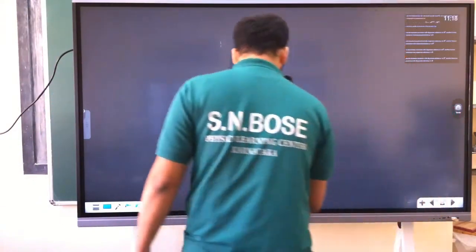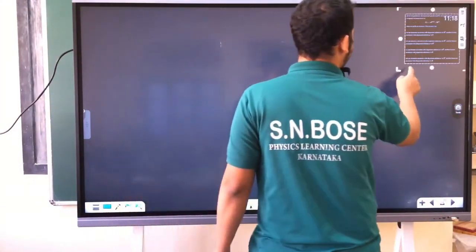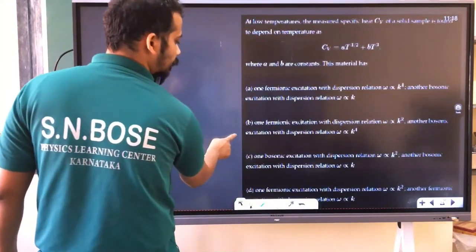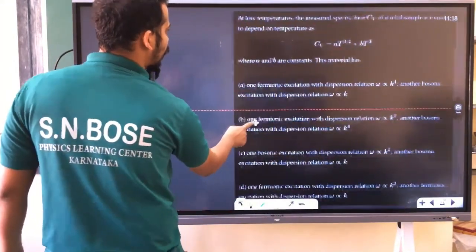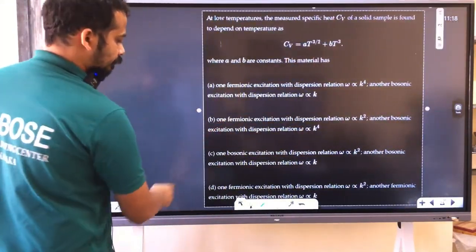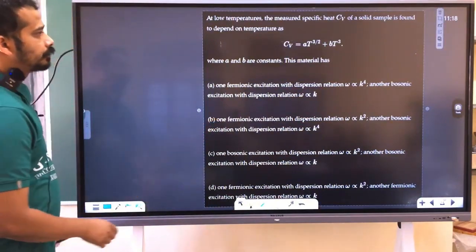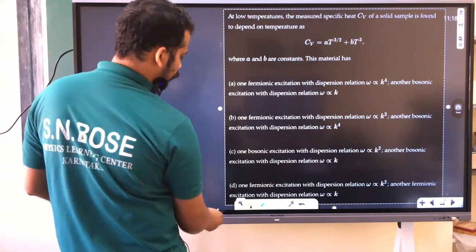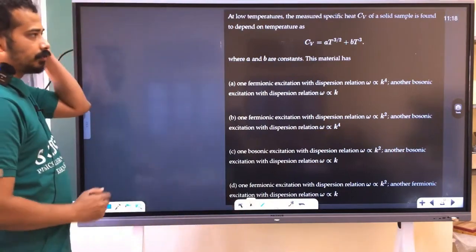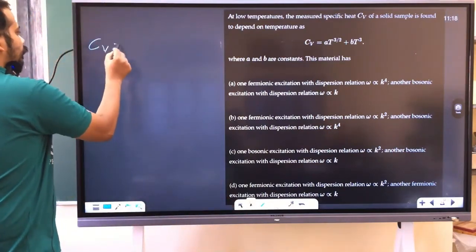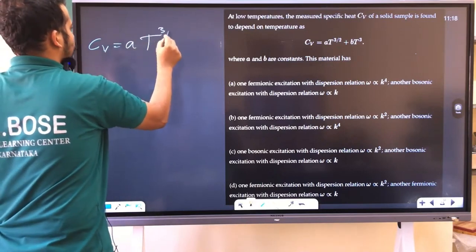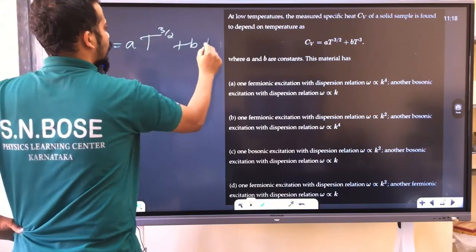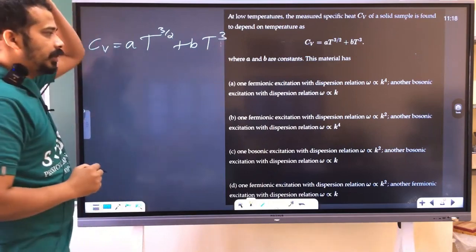This question you should be able to answer now. TIFR question again. Can you see this one? CV is equal to A into T power 3 by 2 plus B into T cube, where A and B are constants.